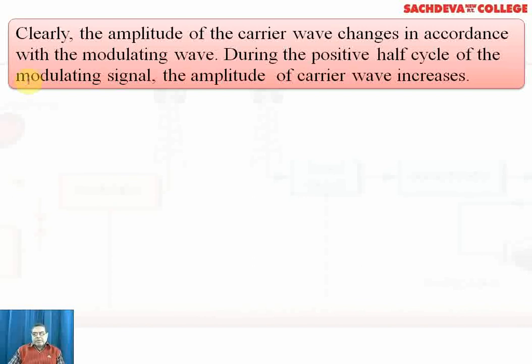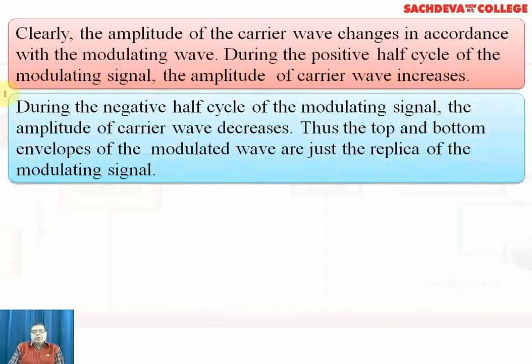So during the positive half cycle of the modulating signal, the amplitude of the carrier wave increases. Now during the negative half cycle, the upper portion, that is the crest portion, is called the positive half cycle, and the trough portion is called the negative half cycle.